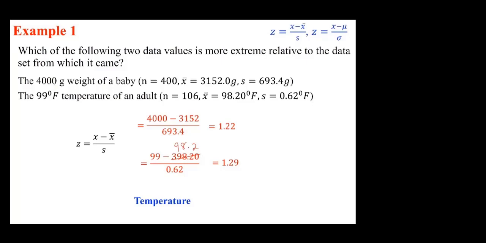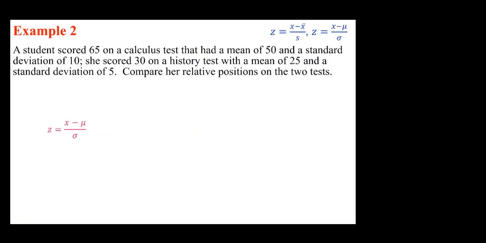Here's the next one. A student scored 65 on a calculus test that had a mean of 50 and a standard deviation of 10. She scored 30 on a history test with a mean of 25 and a standard deviation of 5. Compare her relative positions on the two tests. You have to calculate the z-score. What is the score? If you look at the first one, 65, that's the score, x.